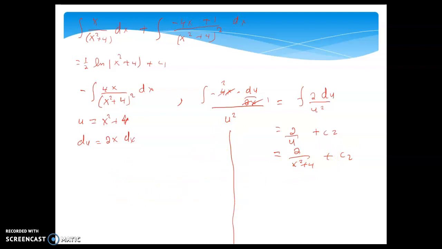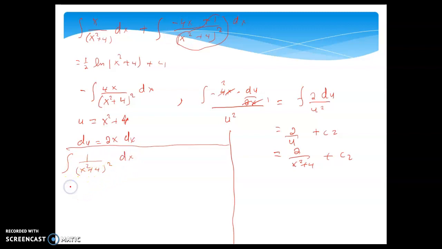Okay, now we go to the other part of the integral. We're going to integrate 1 over (x squared plus 4) all squared dx.